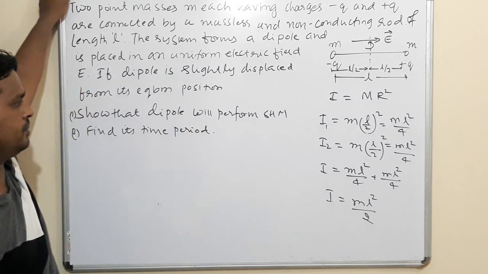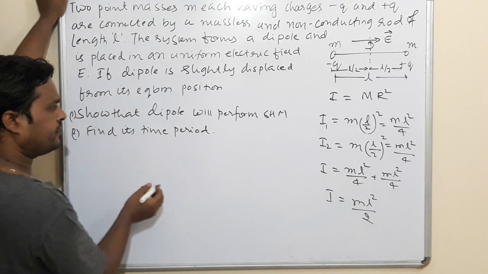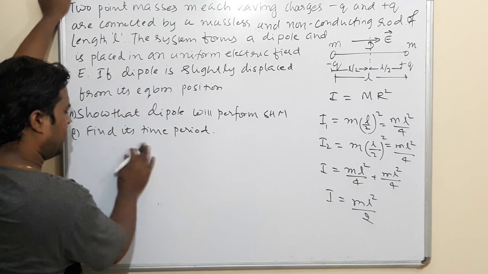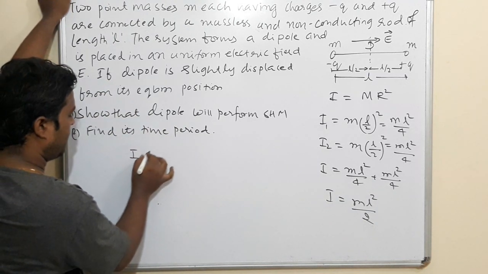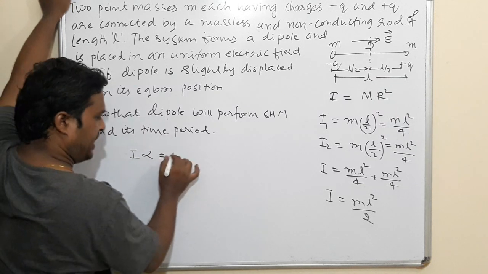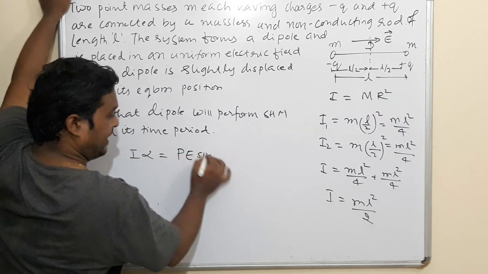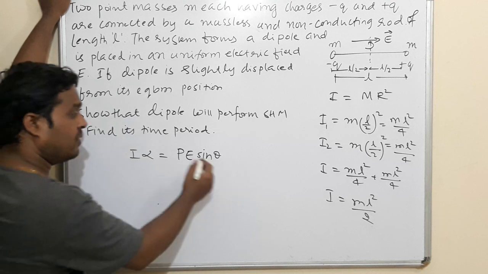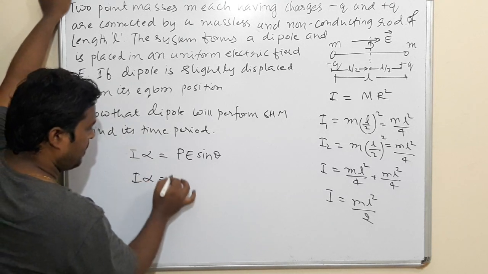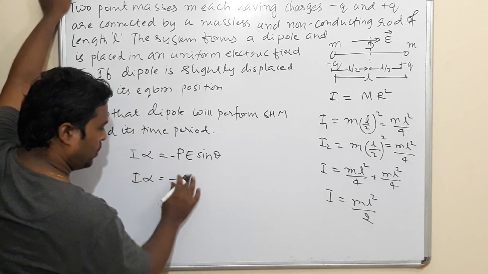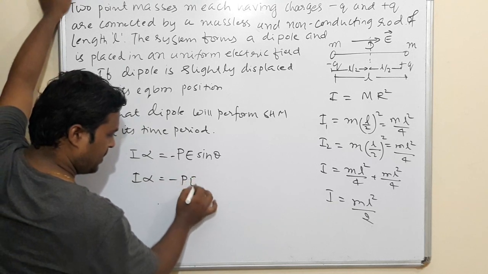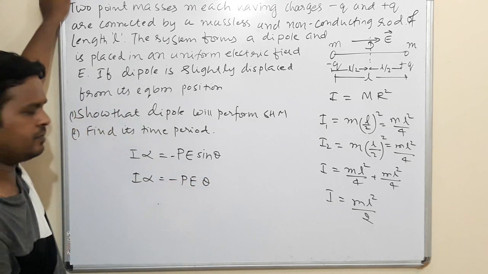This will be again the same. I alpha is equal to P sin theta, as in the last example. Again for small angle, I alpha will be equal to, this is the restoring torque, P into theta.